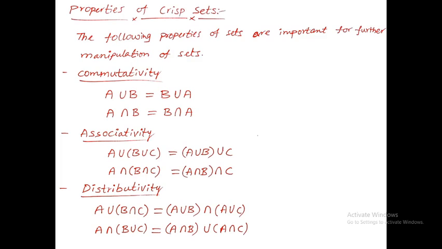Under this property, if A, B and C are three sets, A union of B union C is equal to A union B, union C. You can do the union between B and C first, then the resultant can be unioned with A. The same result holds if you do the union between A and B first, then union the resultant with C. The same holds good for intersection also: A intersection of B intersection C is equal to A intersection B, intersection C. This is the associativity property.